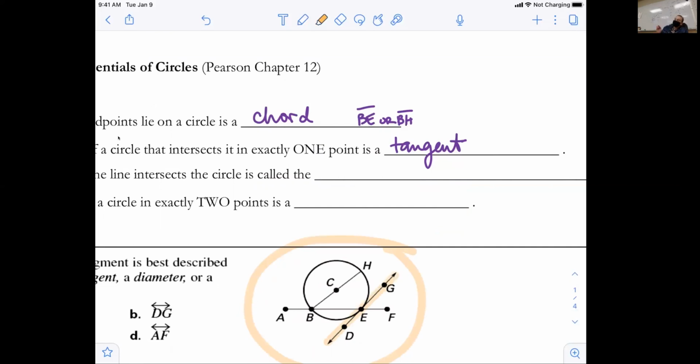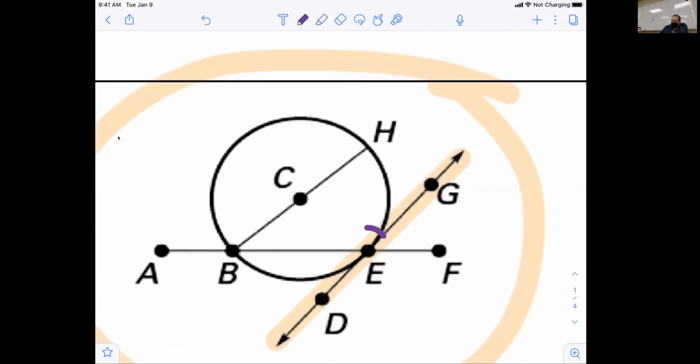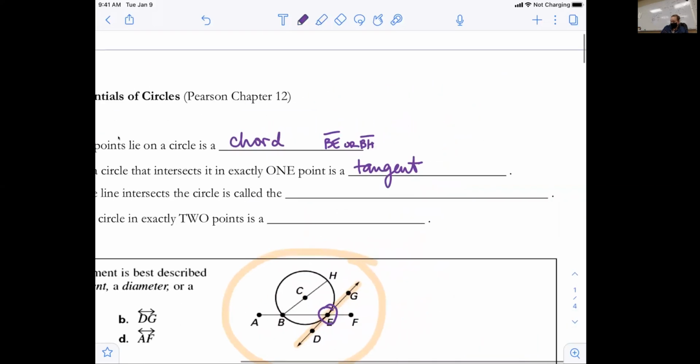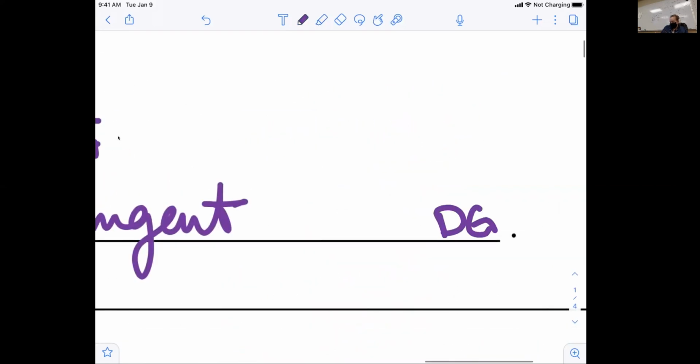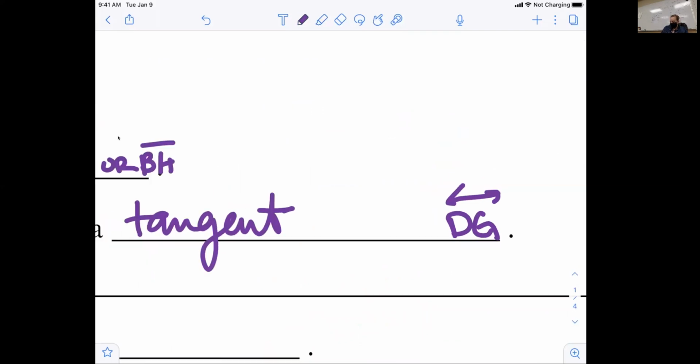You can call it DE, DG, GD, EG, whatever you want. Any combination of those letters you can call a tangent because it only intersects at this one point of E. So I'm just going to call it DG. And it's a line, so put arrows at the ends of your lines.